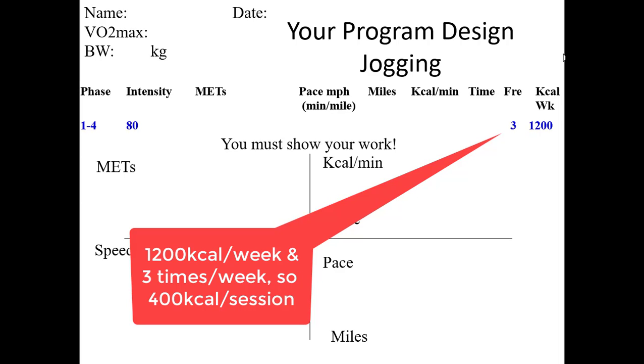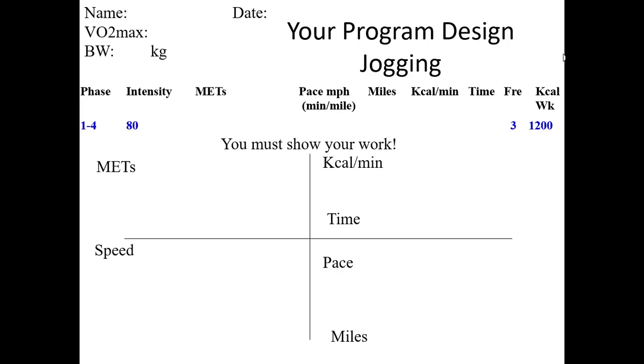Do you agree? Yes. So this program is 1,200 kilocalories per week, but each session is 400 kilocalories. Does it make sense? And it can maintain and improve our general health, but cannot really reduce depression or body mass because it has only 1,200 kilocalories per week.